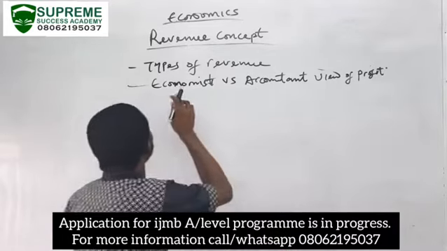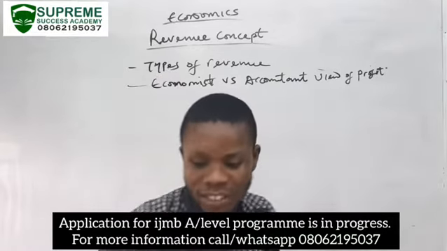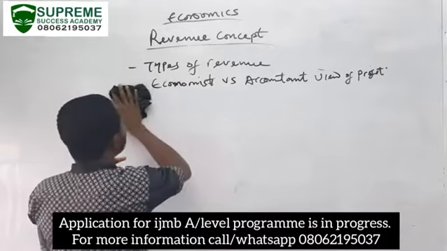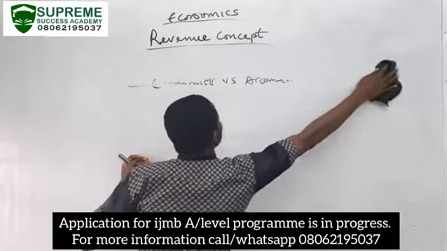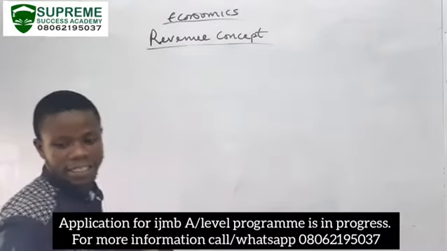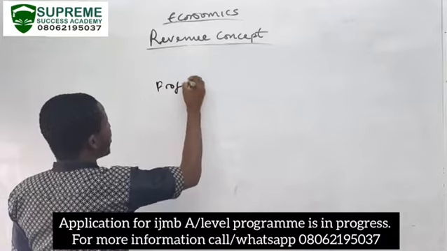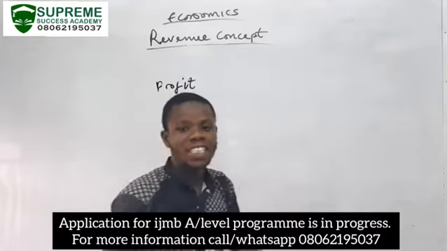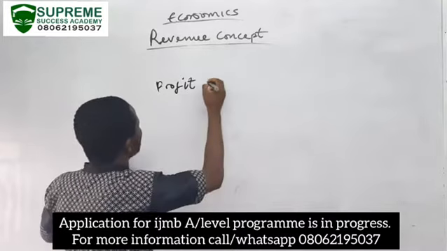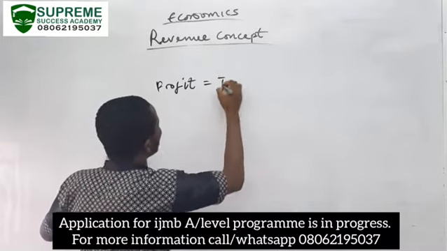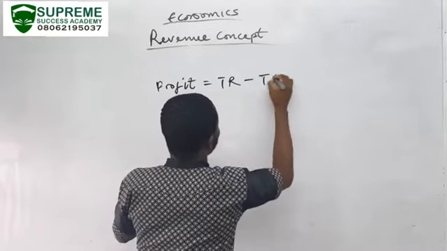Types of revenue. But before I discuss the types of revenue, take note of this. Profit is very important in this type of situation. What do you mean by profit? Profit, in the real sense, is just the difference between the total revenue and the total cost.